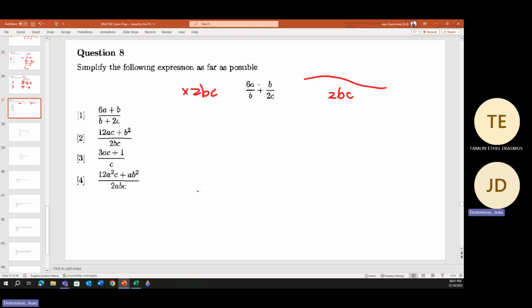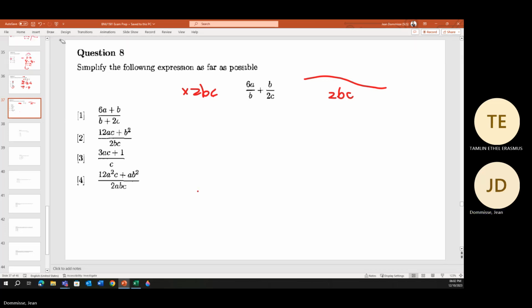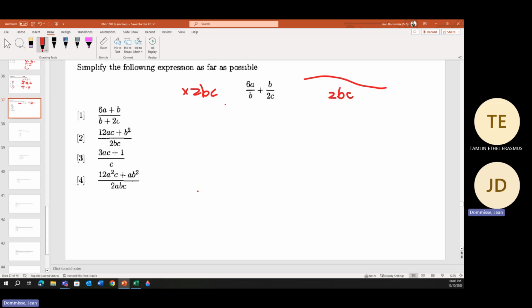So at the top here, let's just do it separately first. So we'll sit with 6 times 2, which is 12. So let me write that out.